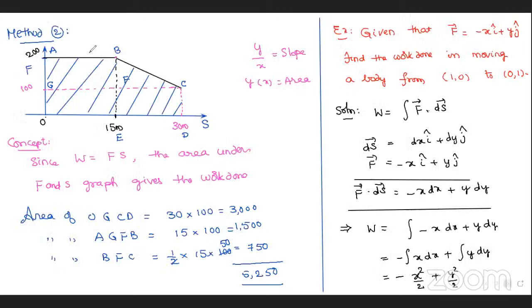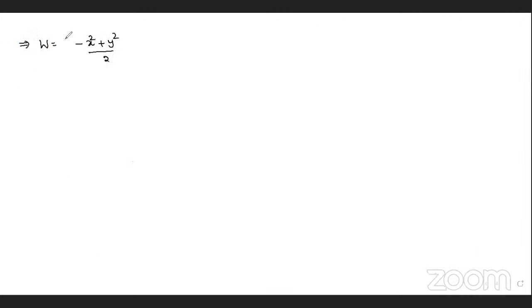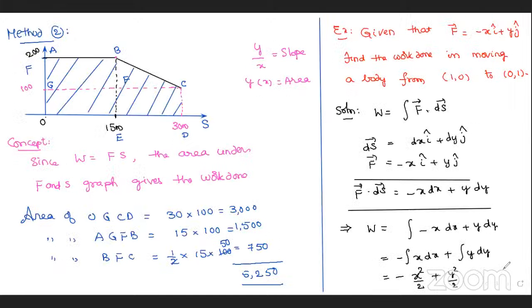That implies W is equal to what I got, minus x square plus y square, since both I got divided by 2, after taking LCM, whole divided by 2, in the limits from (1, 0) to (0, 1).